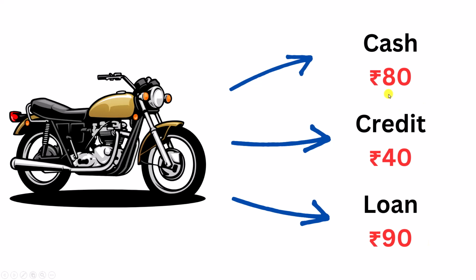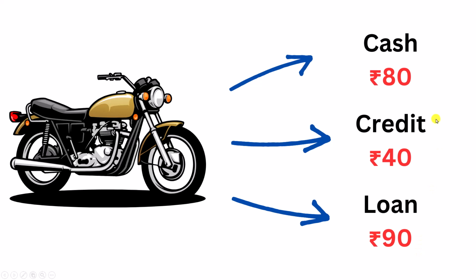So 80 crore rupees is there, 10 crore rupees more is required, which is not with the company right now. So it has to take a 10 crore rupees loan from somewhere else and pay off the loan. So this is one situation.